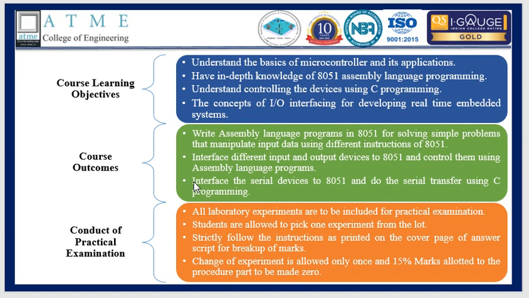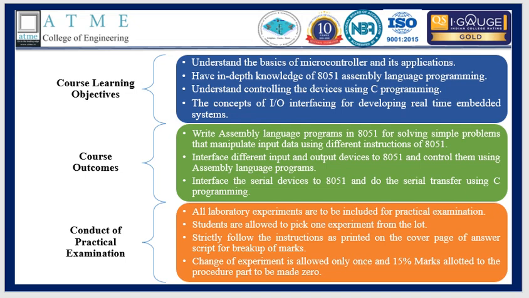Second, students will be able to interface different input and output devices to 8051 and control them using assembly language programs. Third, interface serial devices to 8051 and do serial transfer using C programming. These are what the students will learn after completion of this laboratory.